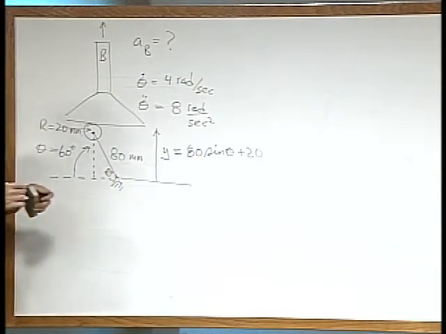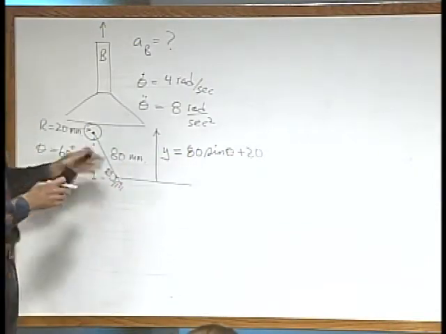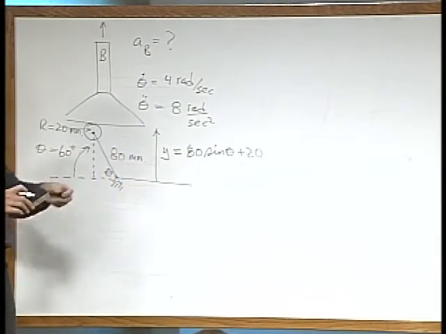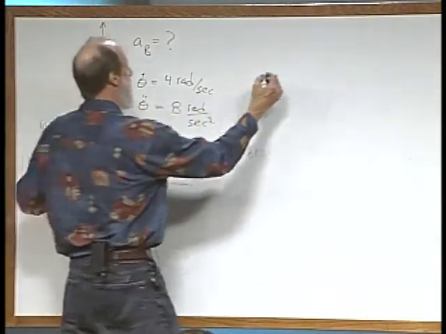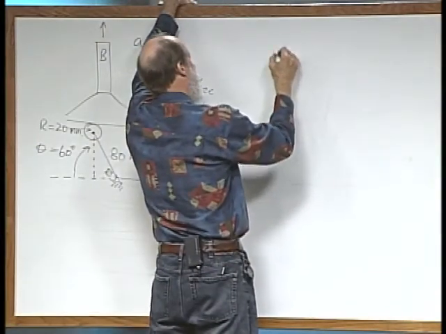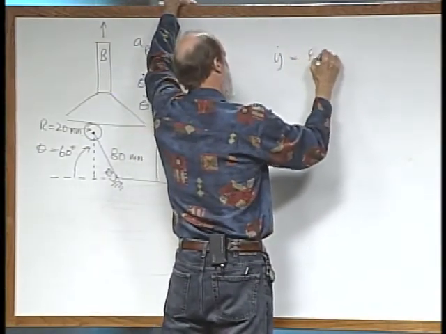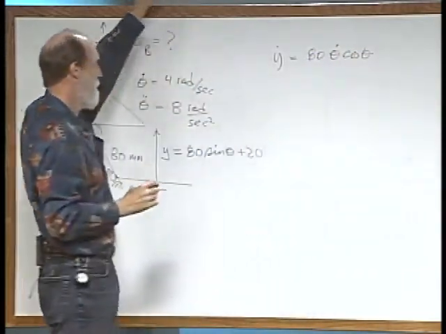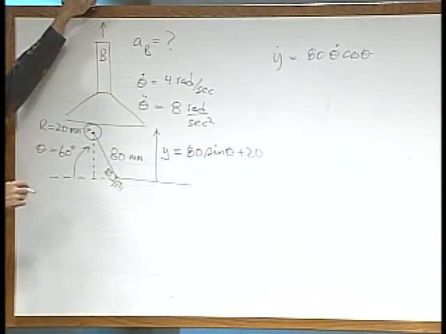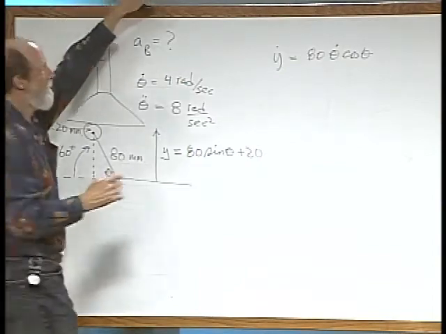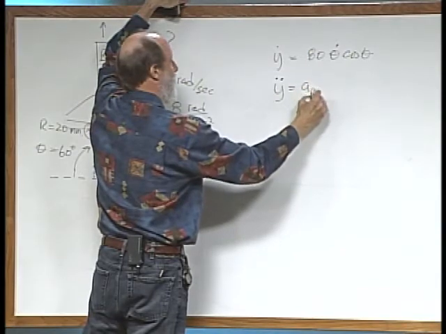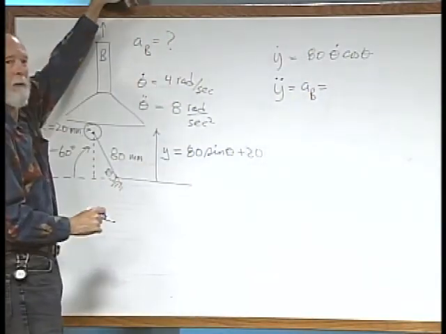Okay. So then we just start differentiating this, and I think what we're looking for here is y double dot. So y dot is 80 theta dot cosine theta. Y double dot is the acceleration of B that we're looking for.